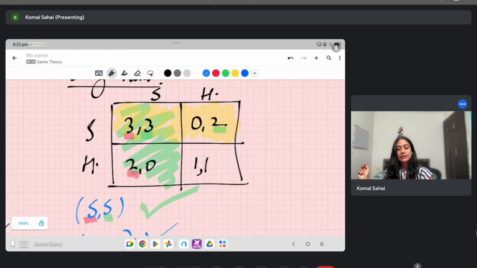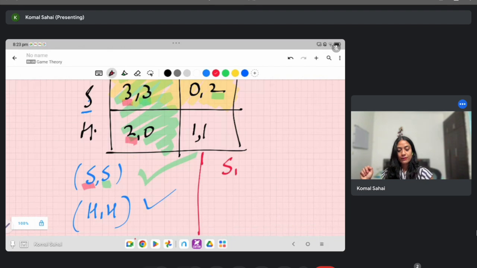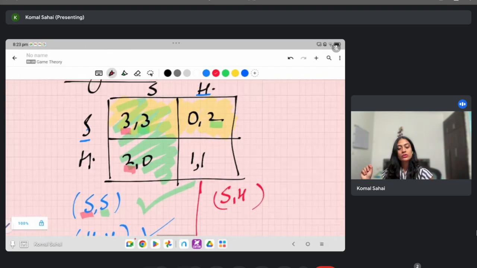In other cases where one player is going for S and the other is going for H, these two will not qualify. Say one player is going with stag and the other player is going with hare, right? So it will be beneficial to deviate. Let's check that. Okay, let us check the action profile where player 1 is going with stag, player 2 is going with H.